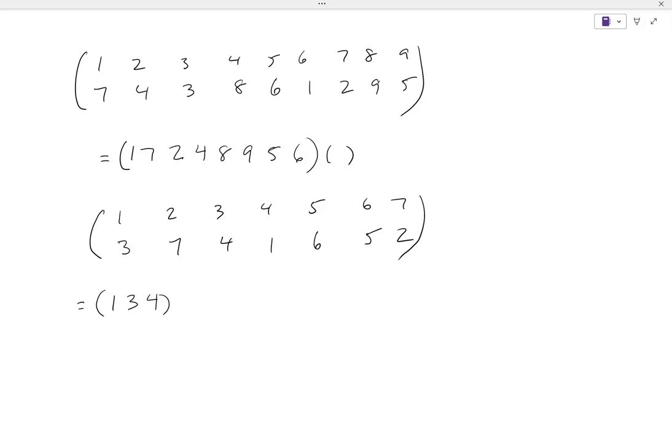No. So what's the first thing we haven't taken care of yet? 2 maps to 7, which maps to 2. Close it off. Have we taken care of everything? No. What's the first thing we haven't taken care of? 5. 5 maps to 6. 6 maps to 5. And close it off.